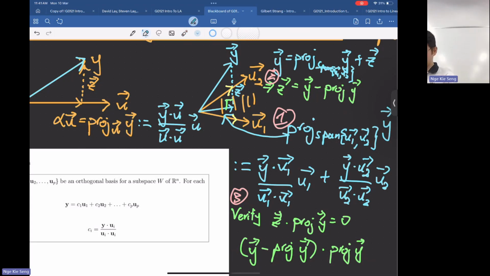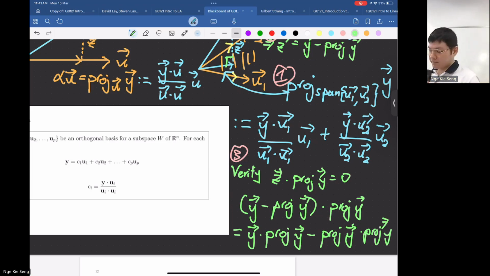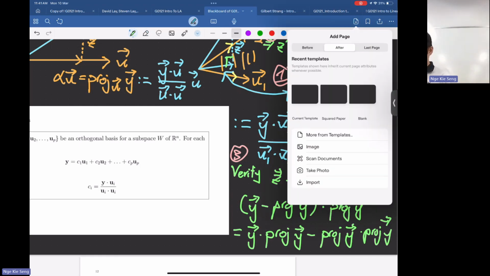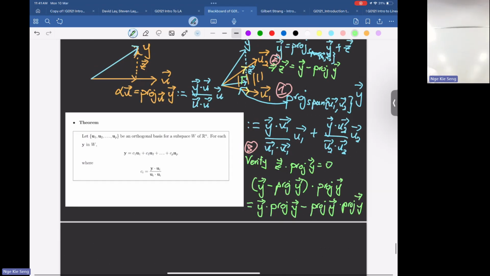But how to verify? Just compute. You need to compute it. If you compute it, what do you get? y dot proj y minus proj y dot proj y. I don't have the calculation in my lecture notes, so let's see if we can get it out.